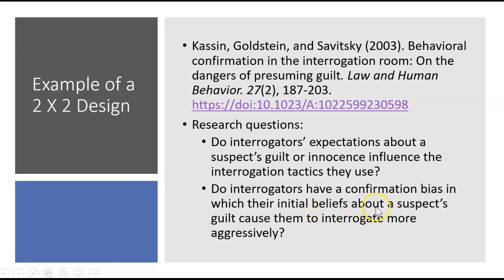Another question, do interrogators experience what's called a confirmation bias in their initial beliefs, then turning into, via their interrogation methods, something that is going to confirm their perception of guilt or innocence in the person that they're asking questions of?